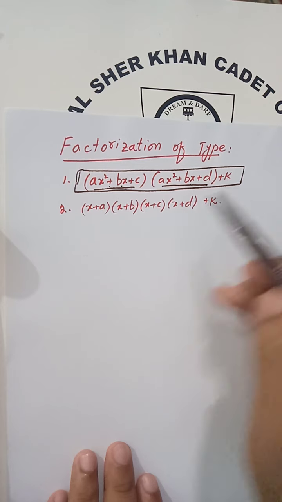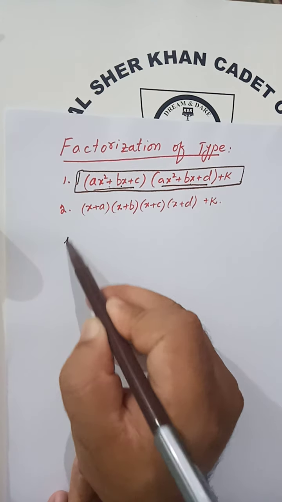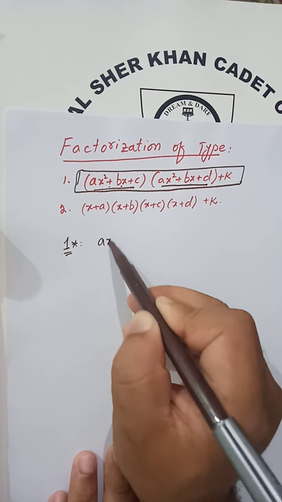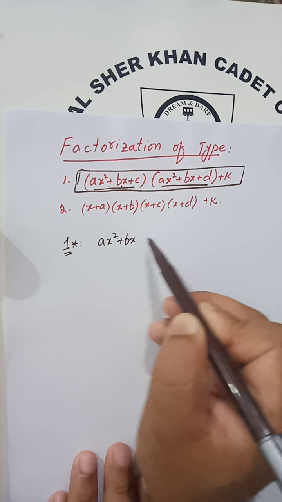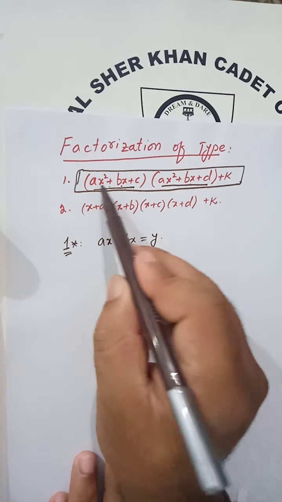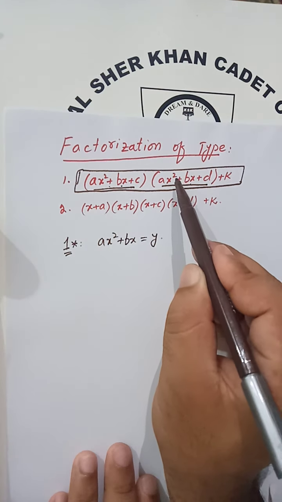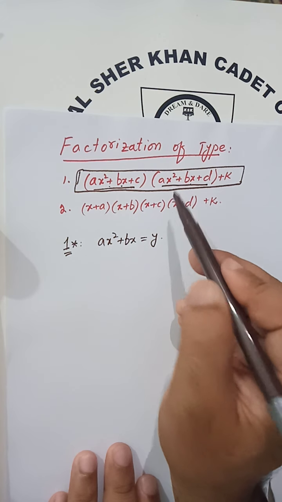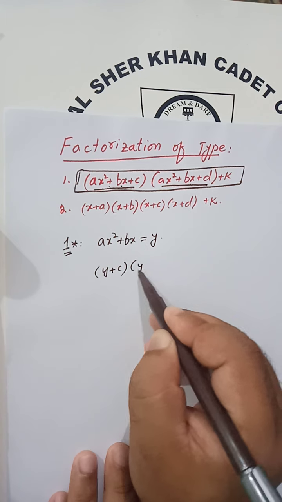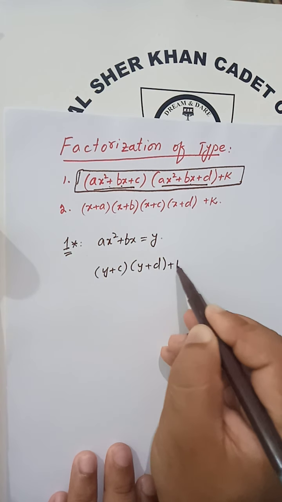So what will be the method for type 1? For type 1 we will substitute ax² + bx by y. When I plug this y into the algebraic expression which we need to factorize, it will become (y + c)(y + d) + k.